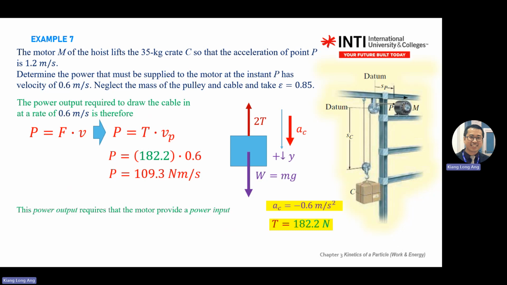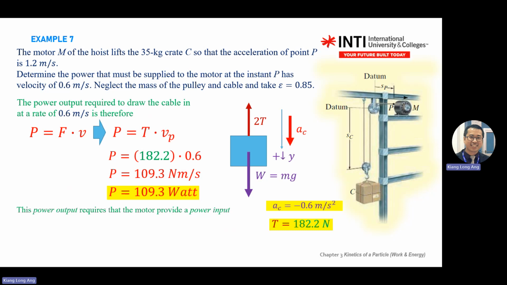cable. Okay. So it is 109 watt, or Newton meter per second, or joule per second. Okay. So this is the power output to draw the cable. So this power output requires the motor to provide input. So you need input and output, right?